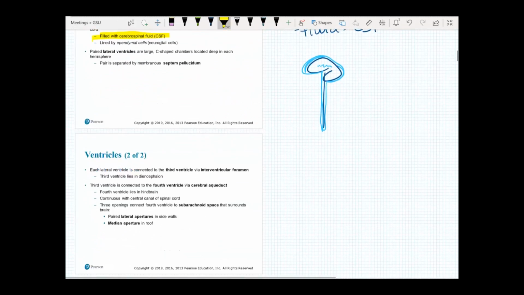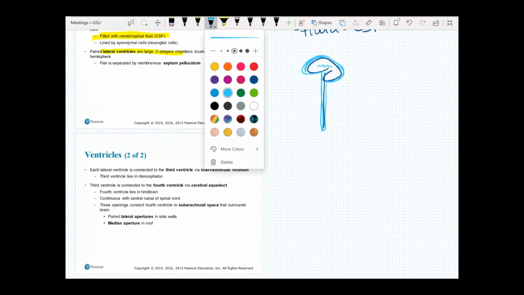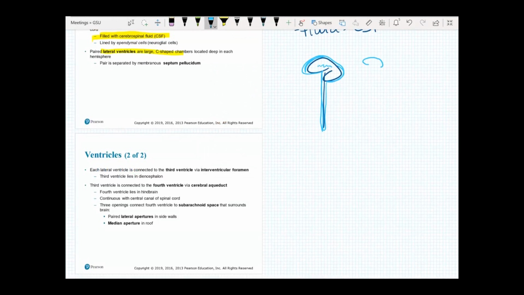So the first one inside this section right here, inside the brain, is going to be called the lateral ventricles. And these lateral ventricles are large C-shaped chambers that are located deep within each right or left hemisphere. So basically right inside here, there'll be this little chamber that looks like this C shape right here. So that's if you're looking straight on the side. But what it's really going to do is it's going to be fluid filled, so it will show up kind of a hollow section of a chamber deep inside the brain.